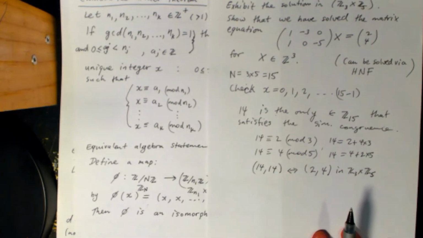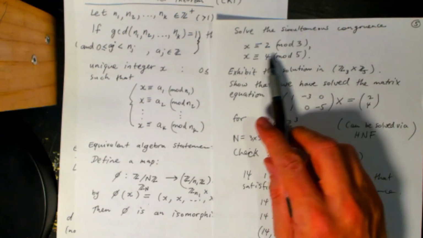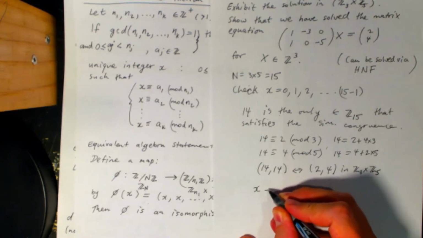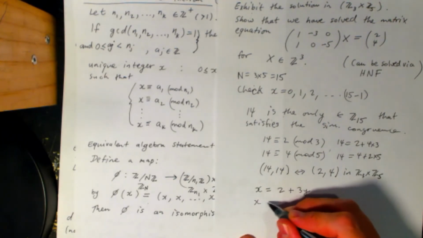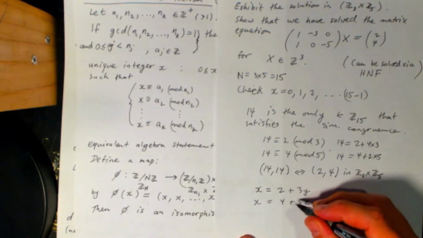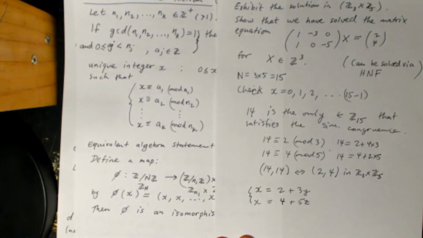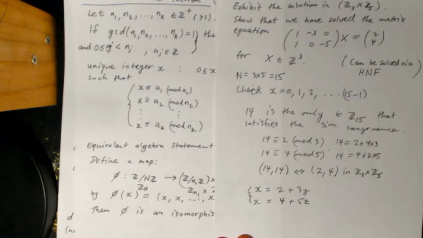All right, so what we would be doing in solving this congruence up here is solving a simultaneous system of equations. x is equal to 2 plus 3y, and x is equal to 4 plus 5z. Okay, so this is our system of equations that we want to solve in integers. So we could call that a Diophantine system of equations.